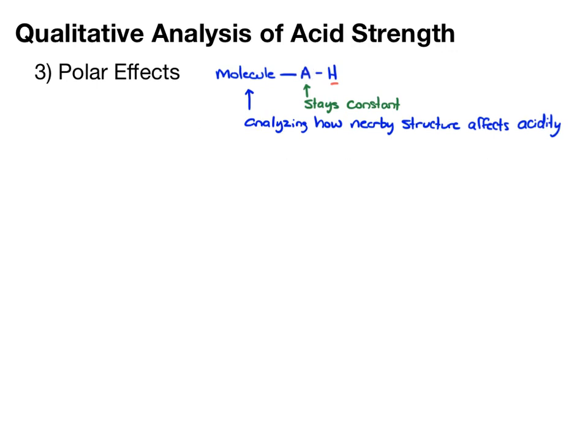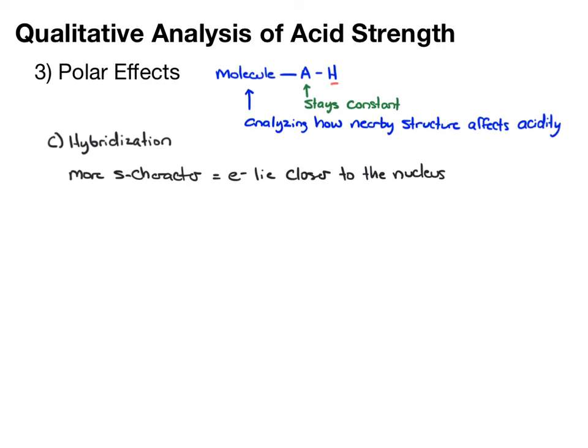The final polar effect revisits something we talked about in the previous chapter, and that's hybridization. And what we're going to do again is apply this in terms of S character. So let's review what we know about S character. More S character means electrons lie closer to the nucleus.